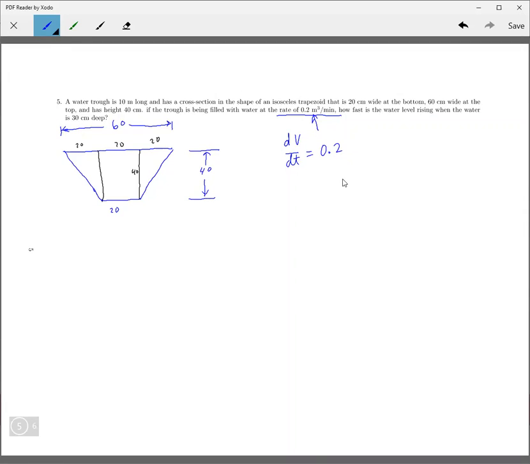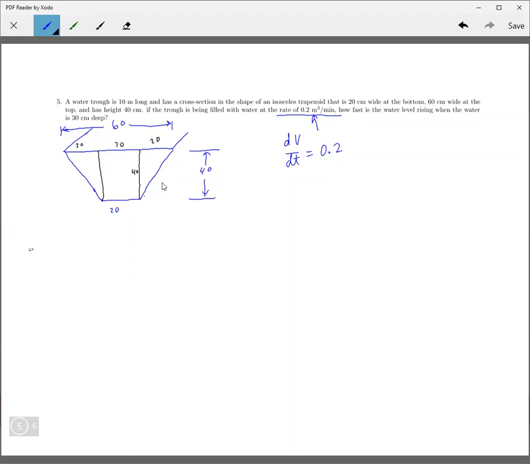So that's going to be a problem unless we do something. We can either change this to centimeters cubed per minute, or we can change this to meters. And this is meters also, 10 meters long. So this is just a cross section, and then it's going 10 meters in that direction.